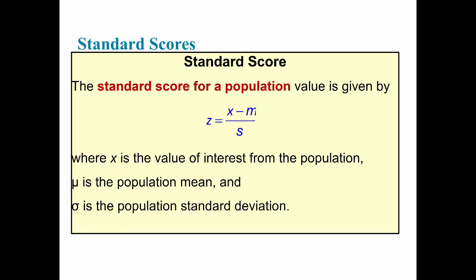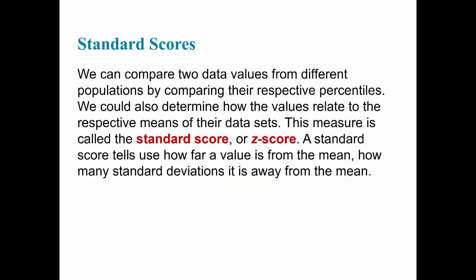So for us, the standard score or the z-score for a population value is going to be written, if it's population, z is equal to x minus mu divided by sigma. Remembering that x is the data value, mu is the mean of the population, and sigma is the standard deviation of that population.